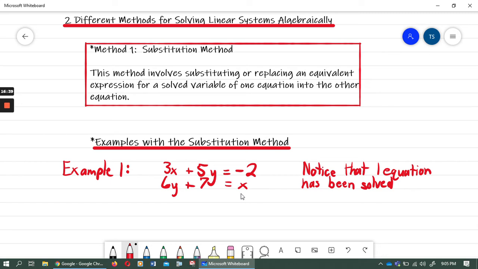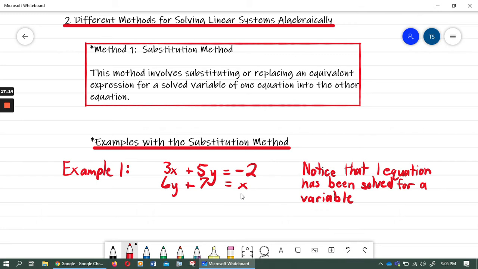You don't really need to see me writing this, but it's okay. I'll pause it the next time I write so it doesn't take up precious video time. Notice that this equation has already been solved for a variable.